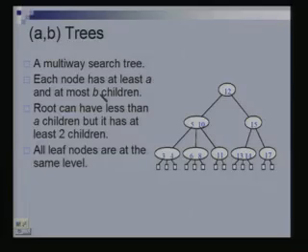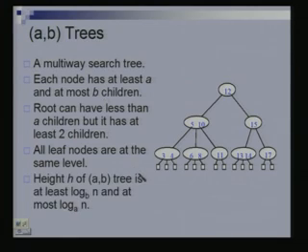Again, all leaf nodes are at the same level. And what is the height of an A-B tree now? We have seen this before: log n to the base B is the minimum height and log n to the base A is the maximum height. The maximum height would be when the root has 2 children and everyone else has A children.